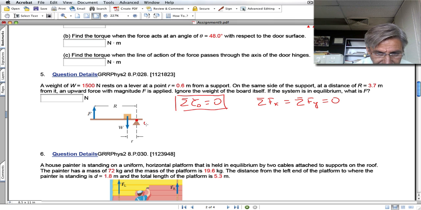It cannot rotate around this point, therefore this mass tries to rotate it in this direction. So this rotation is counterclockwise. This one tries to bring the system in this direction, which is clockwise. The sum of these two is 0, so this is equal to this, and this is Fr, and the other is omega r, and there you have it.